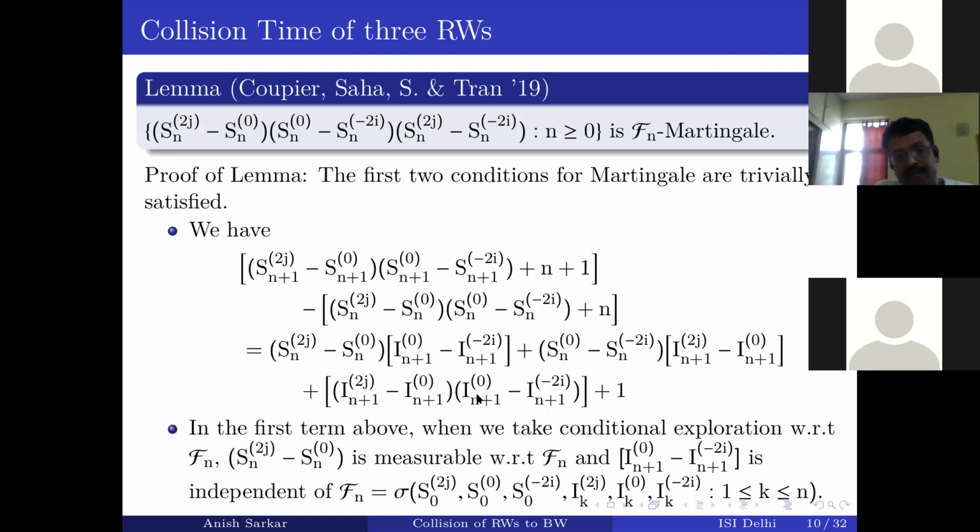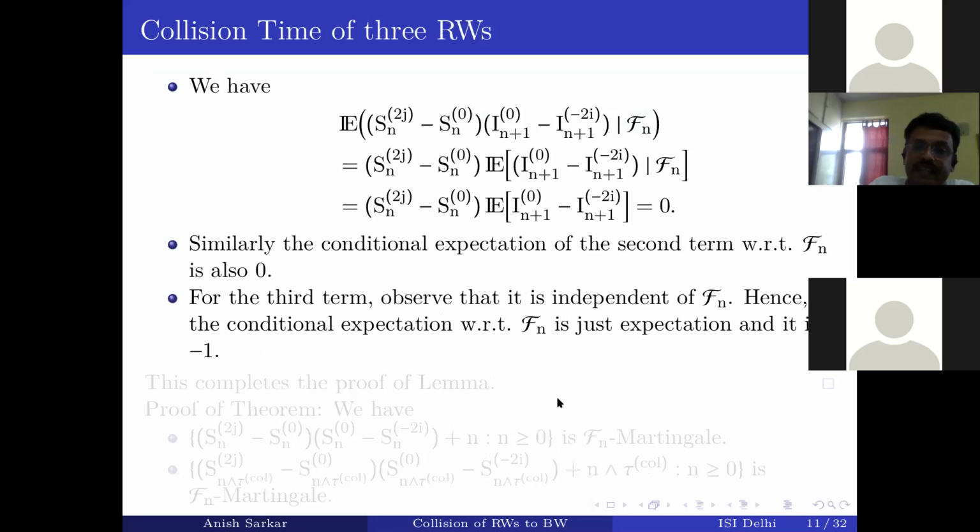This times this, the whole square of the increment at n plus 1, takes only one value, 1 with probability 1, and therefore this expectation is 1, and minus of that is minus 1, and that minus 1 will actually cancel with this, and this times this also will be 0. Okay, so that is essentially the proof of the lemma.